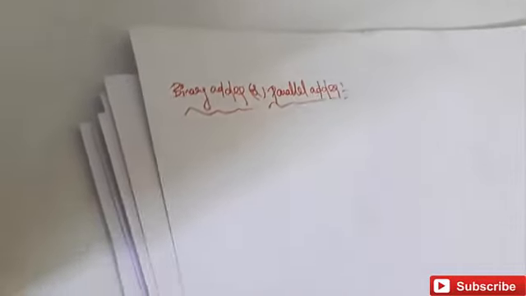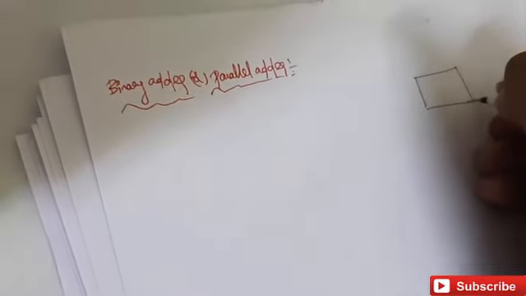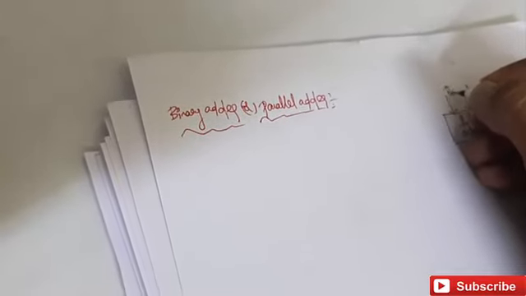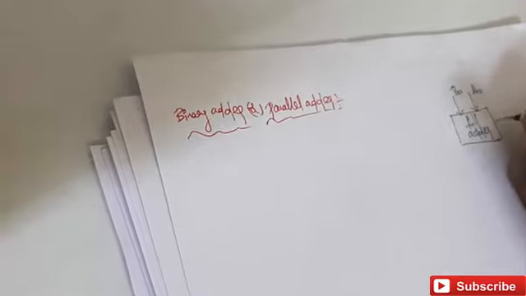Here this will be the full adder. Here you will give the input A0, this will be B0, and here you will give the C input. By default we take it as grounded.